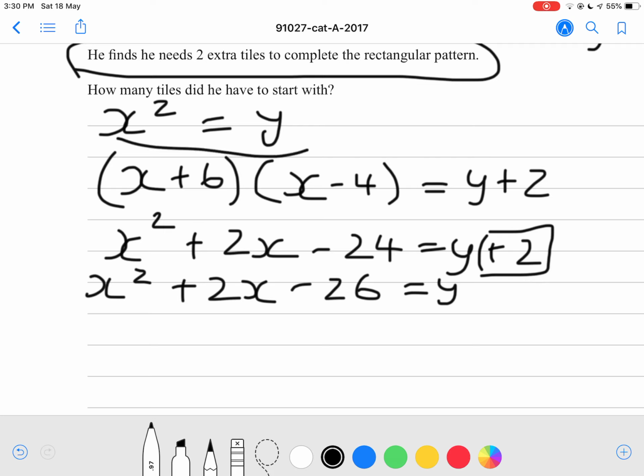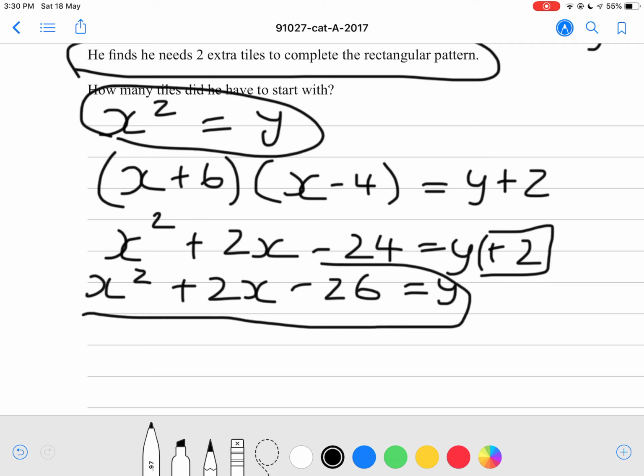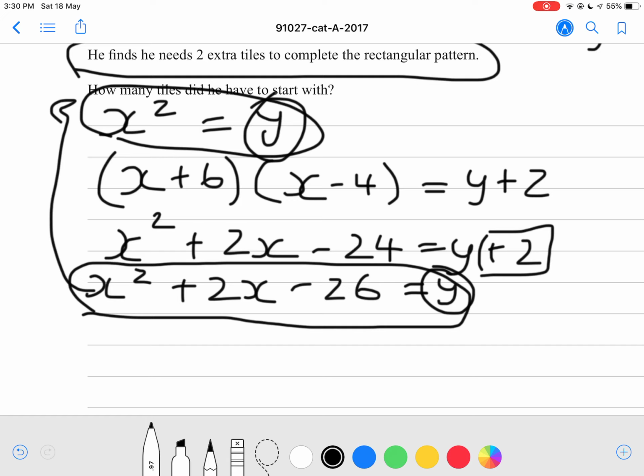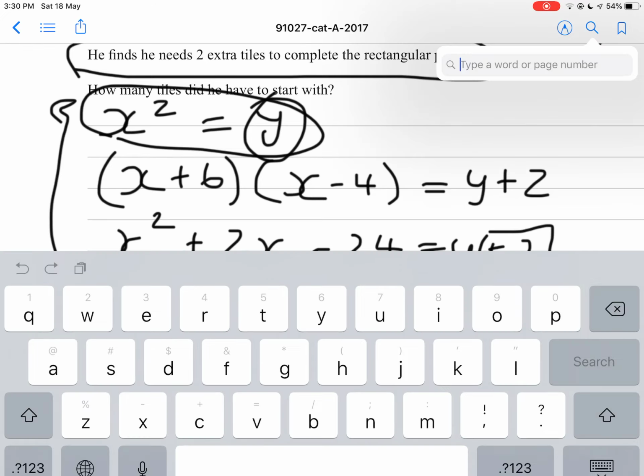So basically, you see that these both are equal to y, right? So x squared equals y, and x squared plus 2x minus 26 is also equal to y. So because they're both equal to y, which is the same thing, we can say that these two are equal, okay? So we can say x squared plus 2x minus 26 equals x squared, okay?